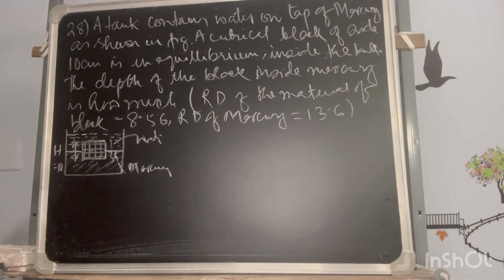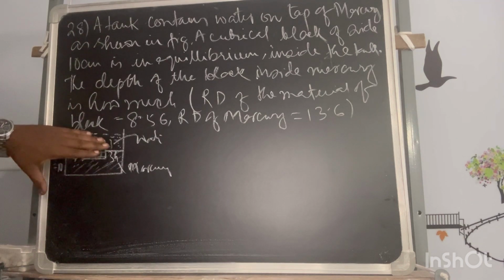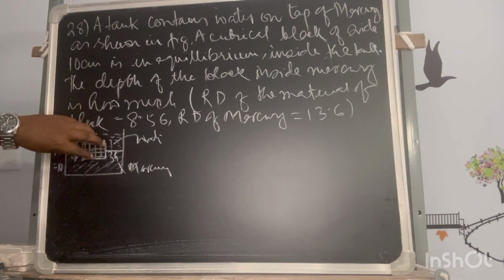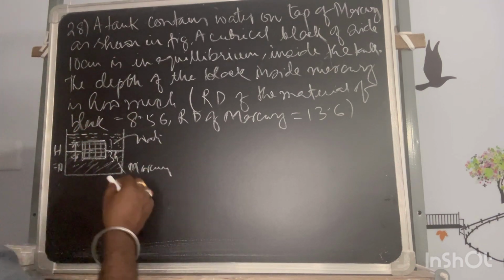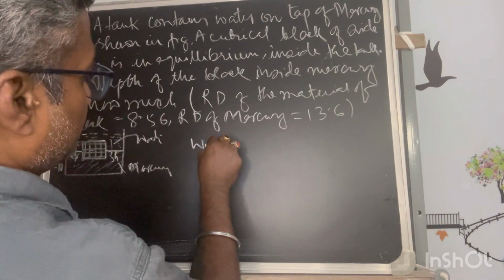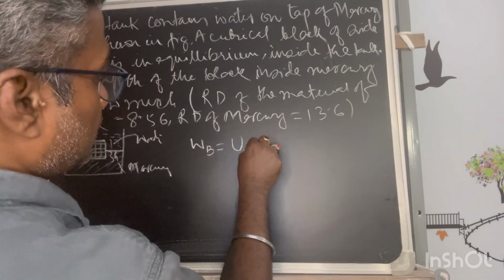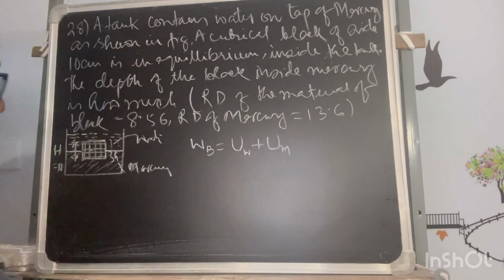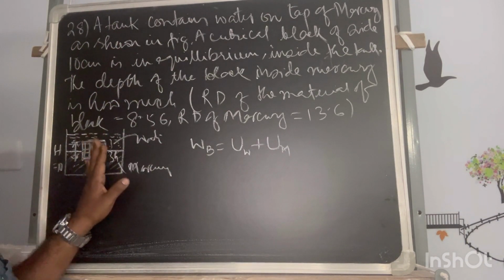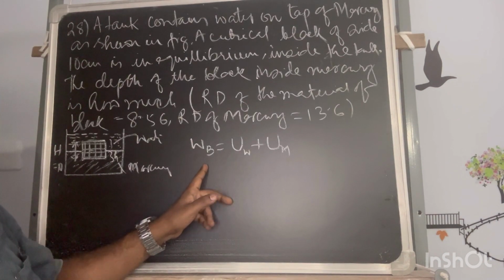Okay, now as it is in equilibrium, the weight of the block will be the upthrust due to the water plus the upthrust due to the mercury. If it is one liquid, then the weight downward is balanced by the upthrust.